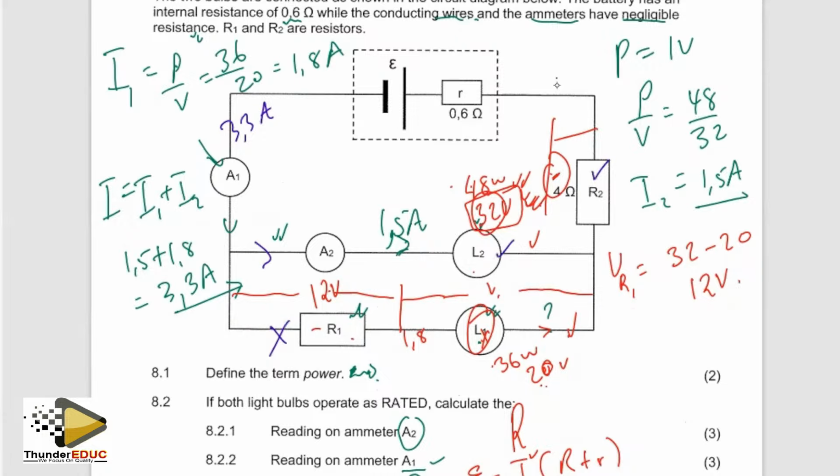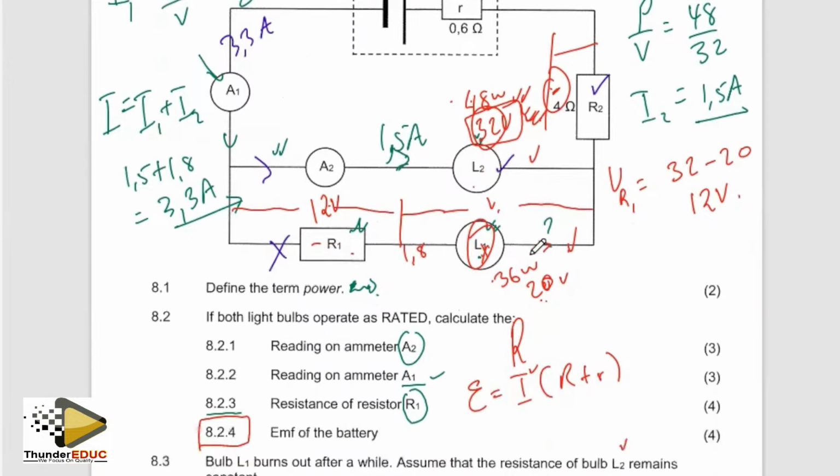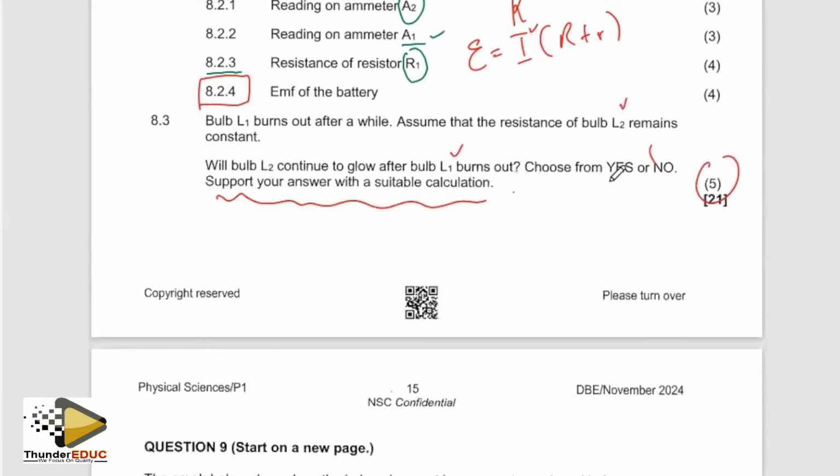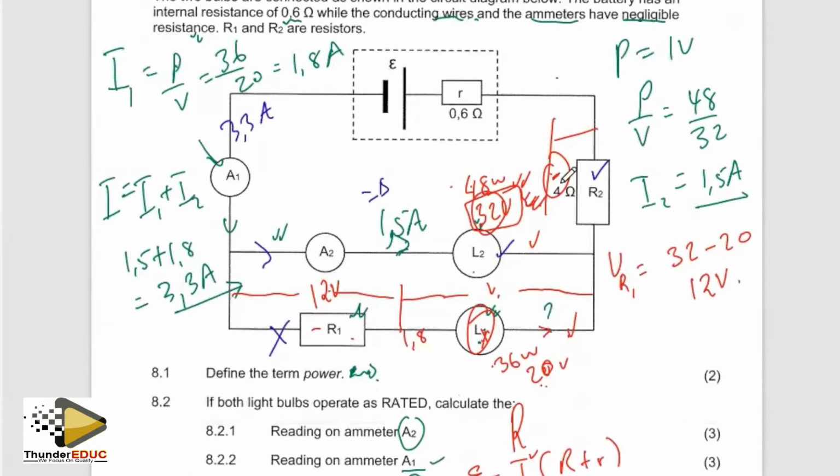We need to find out whether this bulb is going to be able to handle the power that is going to be generated as a result of that single route.